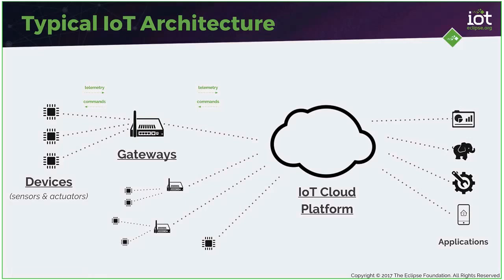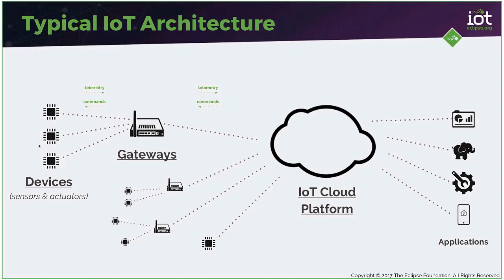Those applications make use of the data that we will be collecting, and are able to interact and send commands and instructions to the devices in the field. Well, what happens before data makes its way to the applications? First are the devices, right? The sensors and actuators that allow me to interact with the physical world.